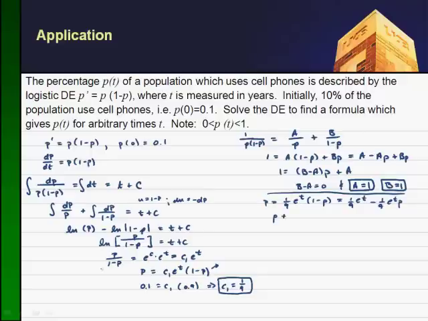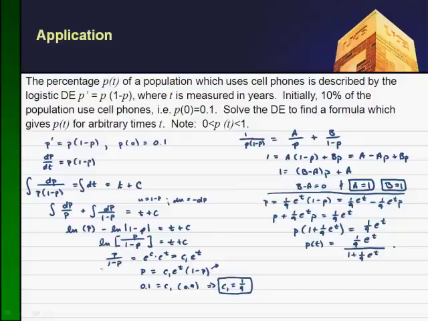I'll get P plus 1/9 e to the t P is equal to 1/9 e to the t. If I factor out a P, I get P times (1 plus 1/9 e to the t) is equal to 1/9 e to the t, which gives me my function P of t is equal to 1/9 e to the t all over 1 plus 1/9 e to the t.